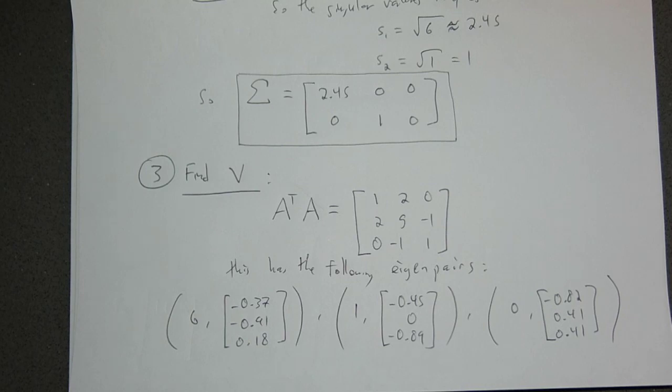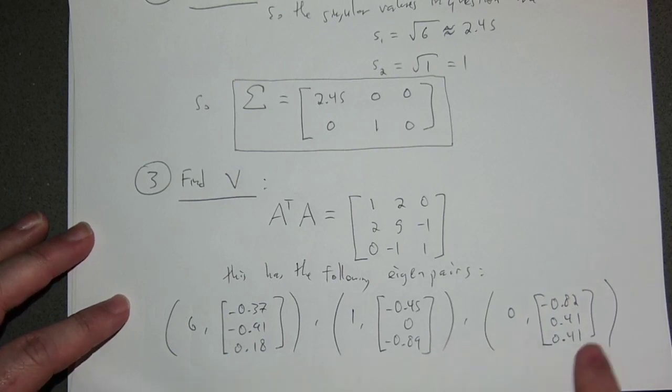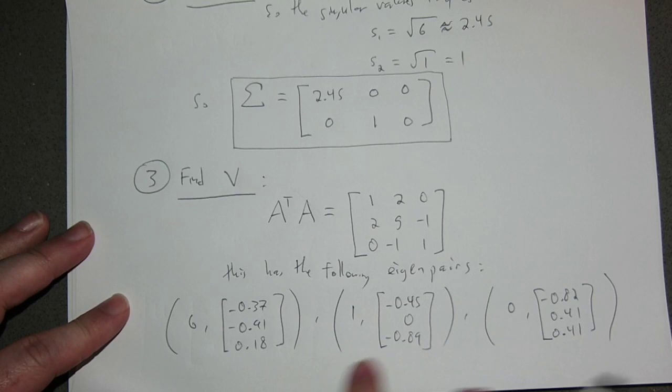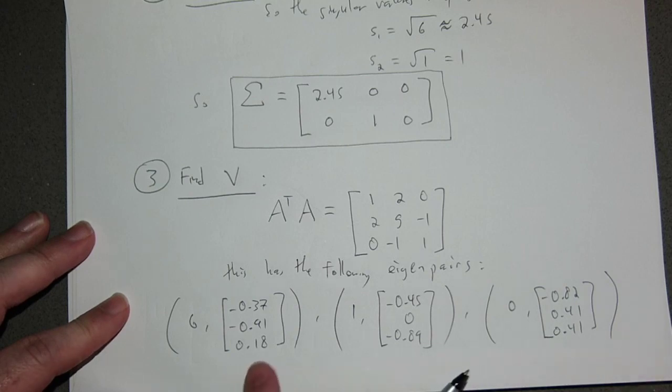Okay, so what's the last step here? Well, first of all, I'm not going to waste the time to write it here. I'm going to write it here in a second. So I'm not going to write out V transpose here, but how would you build it? V is going to be the correct ordering of these 3 eigenvectors, and then it's going to be the transpose of that. So, oh, actually, is that true, or do I read it off here?